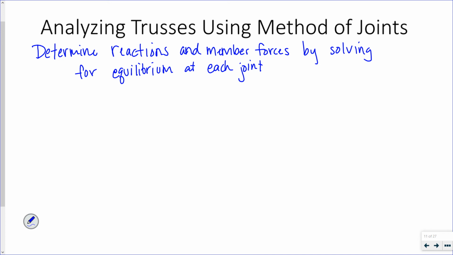So I'm going to look at each individual joint and solve for equilibrium.